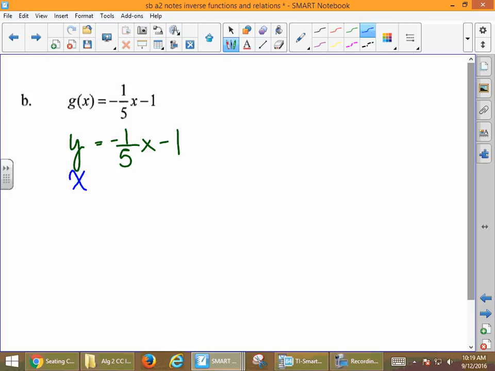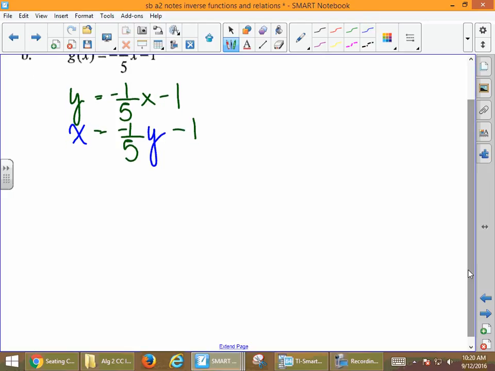X goes where the y went, y goes where the x went. Nothing else changes. Step 3, we solve for y.